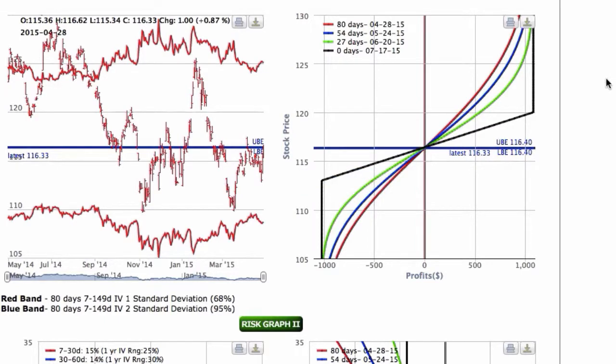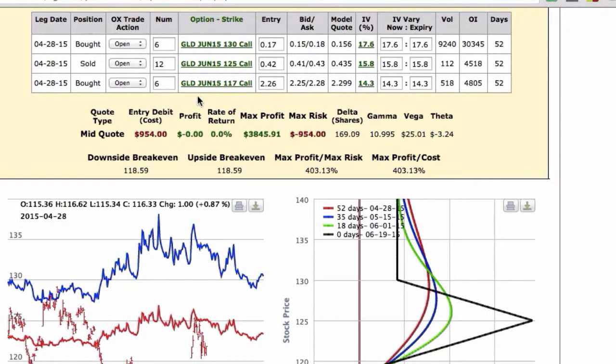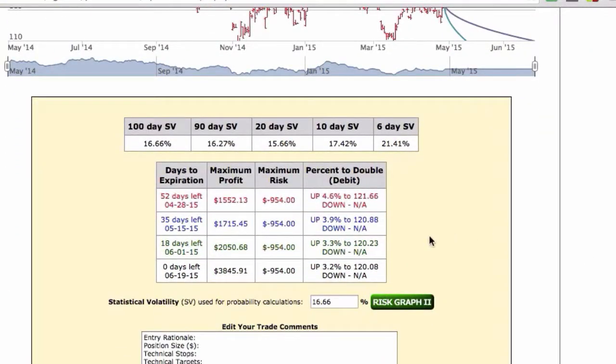Now let me talk about another type of options position for this particular case study, and in this case we are buying and selling multiple options. If I scroll down to where we have the KPIs, GLD for this particular position only needs to move up by 3.5 to 4% to yield a 100% return on investment.